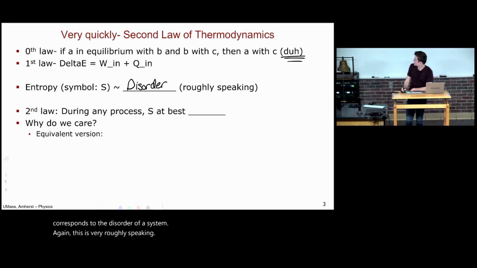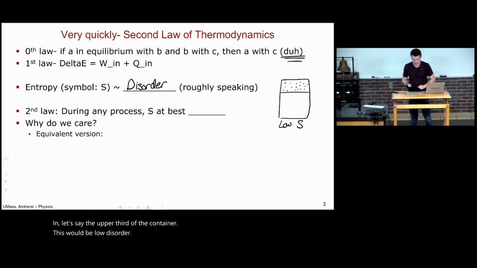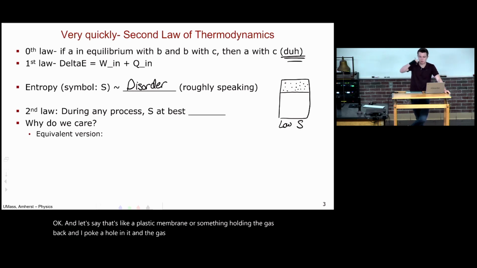An example of a system that has low disorder would be if you have a container and a gas is trapped in, let's say, the upper third of the container. This would be low disorder. Let's say that's like a plastic membrane or something holding the gas back, and I poke a hole in it, and the gas slowly disperses and spreads throughout the container.